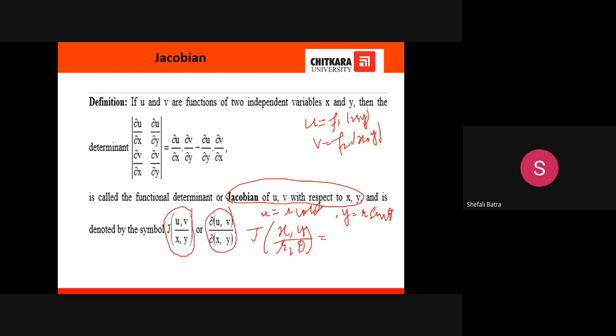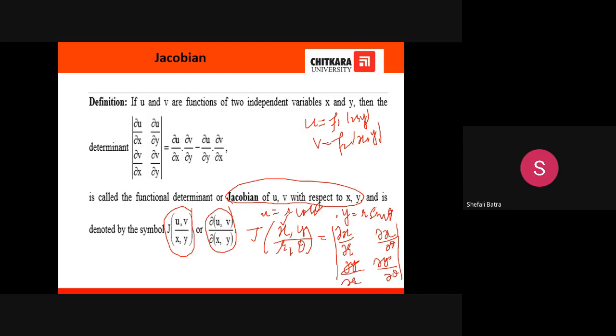You need to find out the Jacobian of x, y with respect to r and theta. So you will be writing here the determinant: curly x upon curly r, first your function is x, curly x upon curly theta, curly y upon curly r, and curly y upon curly theta.